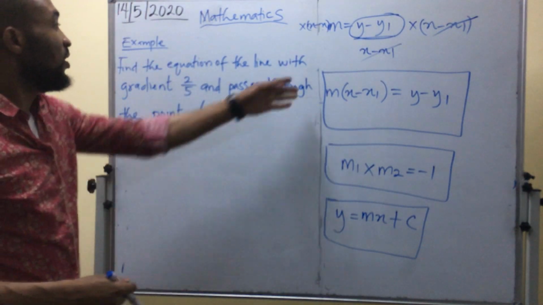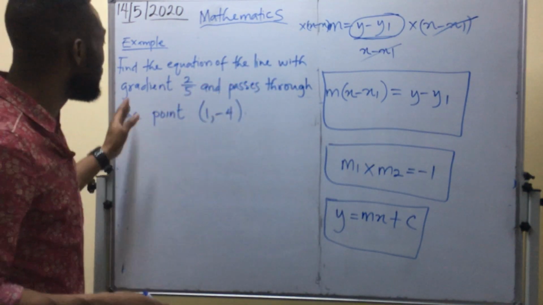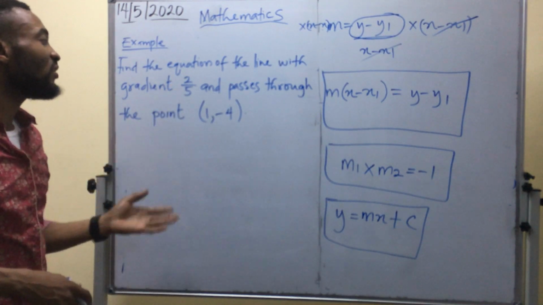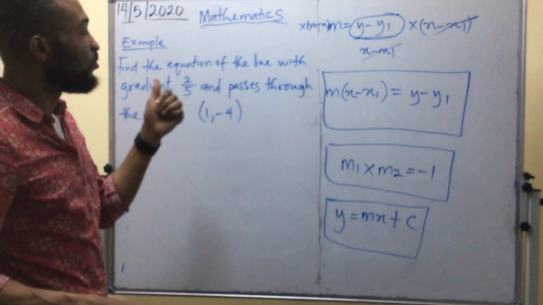So in this question, it asks us to find the equation of the line with gradient 2/5 and passes through the point 1 and -4.